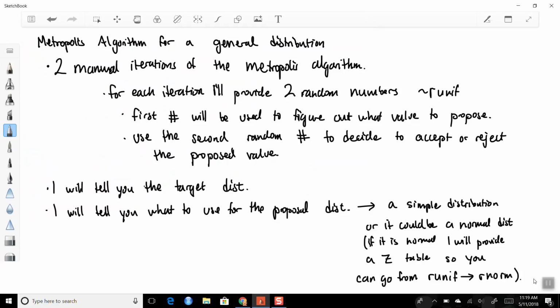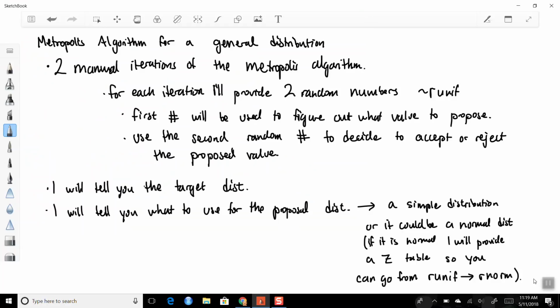So if I give you a random uniform value of 0.5, your random z would be 0, right? And if I give you a random uniform 0.975, then your random z would be 1.96, right? So you could do that, right?